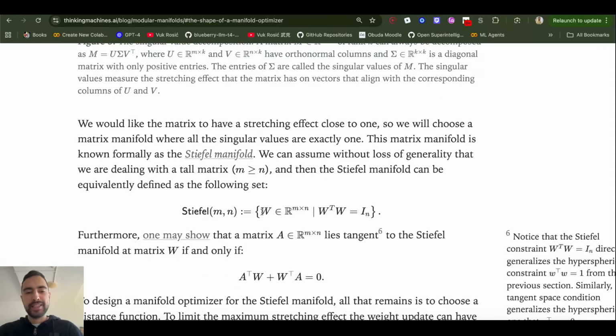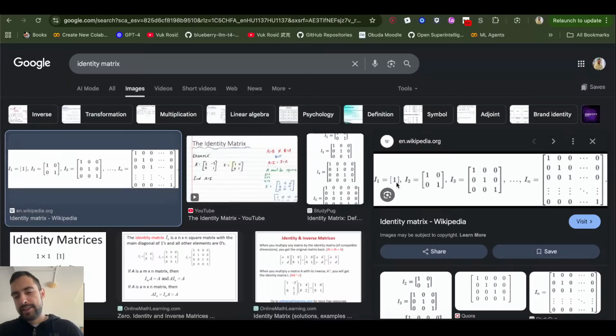And you can define these matrices as a matrix that, when multiplied with its transpose, gives the identity matrix. So this is the identity matrix. It has ones on the diagonal and zeros around, and when you multiply any vector or matrix with it, it will not change at all. It will stay the same vector or matrix.